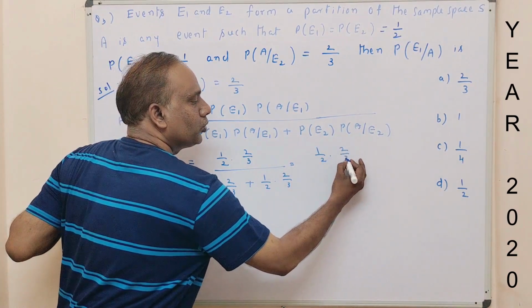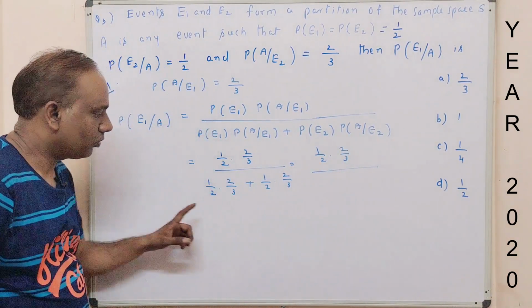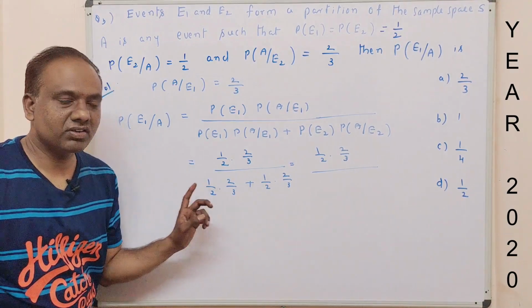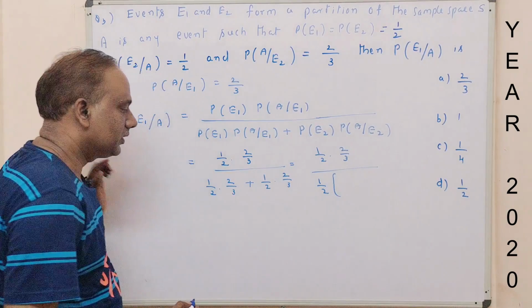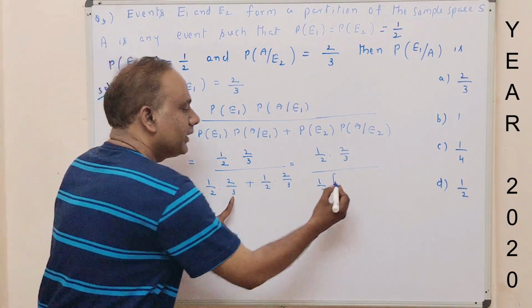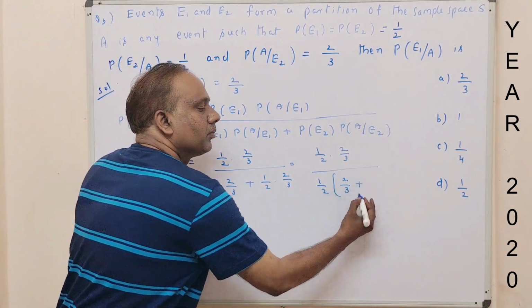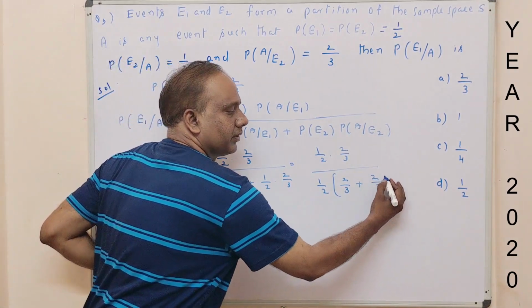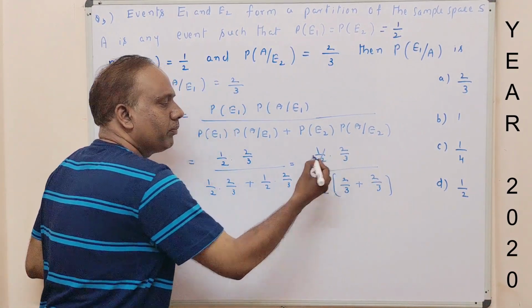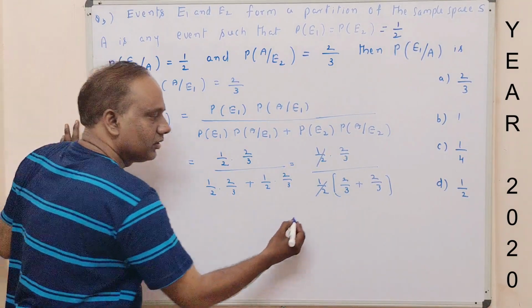1 by 2 into 2 by 3 by, here 1 by 2 and 1 by 2 is common. No? You take 1 by 2 common. The remaining is here 2 by 3 plus here also the remaining is 2 by 3. Now 1 by 2, 1 by 2 cancel.